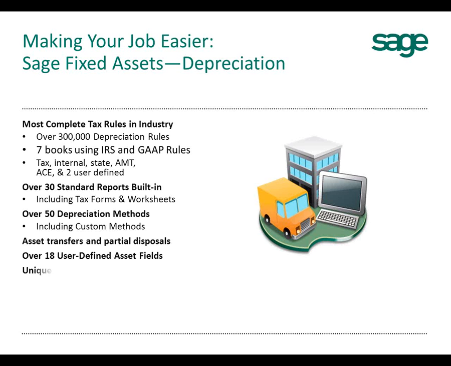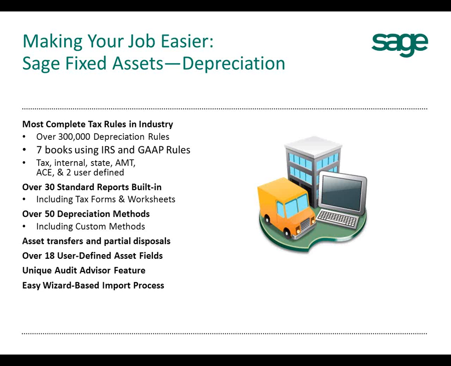Our second module is our depreciation module, and this is actually where a lot of the bread and butter is for Sage Fixed Assets. It does provide for you the ability to use 7 books, including the IRS and GAAP, that include the IRS and GAAP rules.